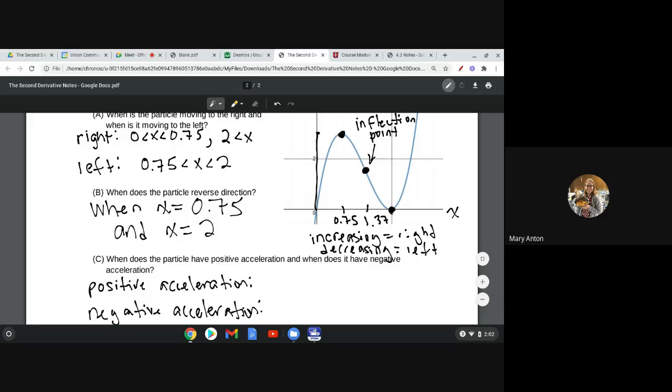It doesn't matter. But, okay. Positive acceleration means we're concave up or concave down? Up means we're concave up. Yeah, so that's when x is larger than 1.37.